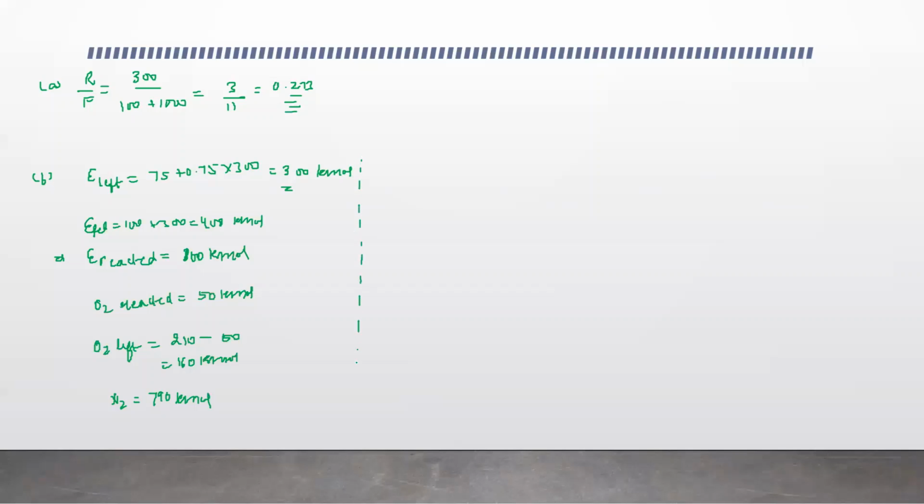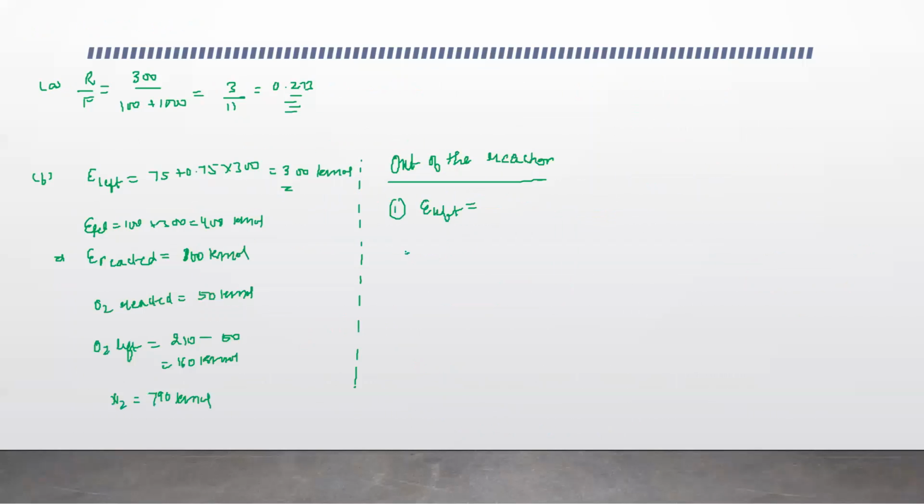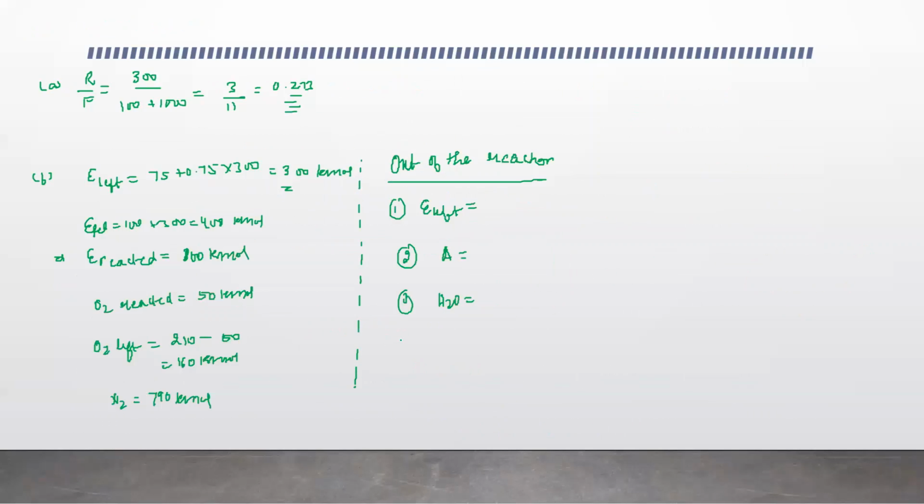So basically, out of the reactor, we have number one, unreacted ethanol. Number two, we have acetaldehyde, which I'll call A. Then we have water that has been produced from the reaction.